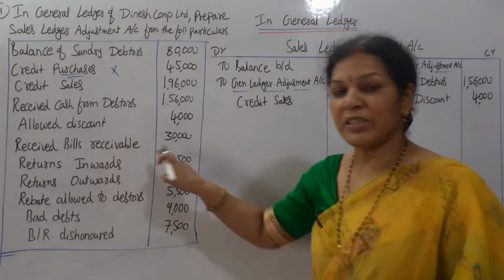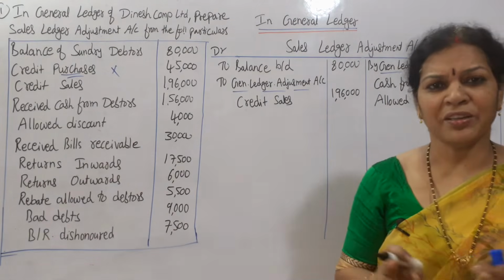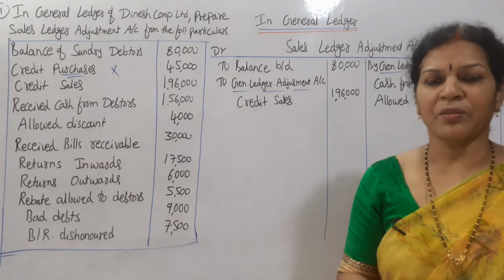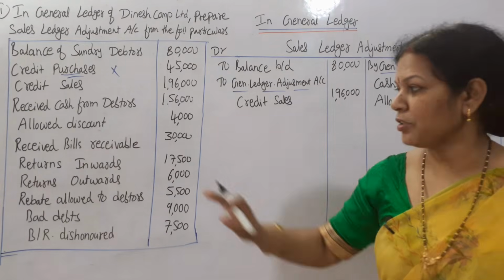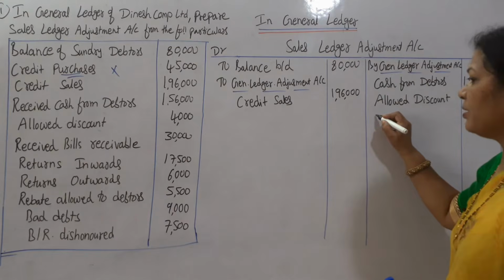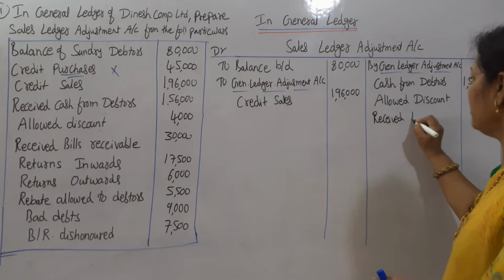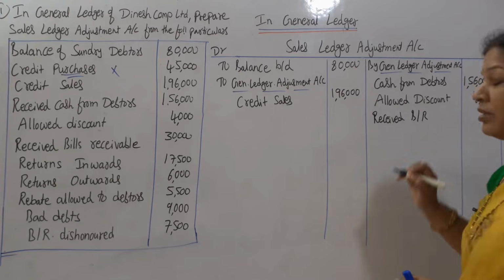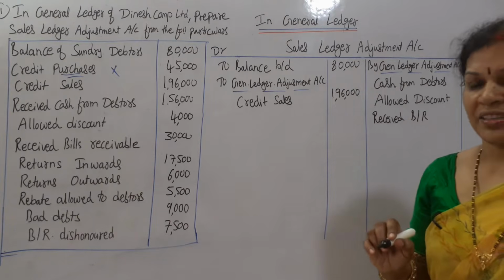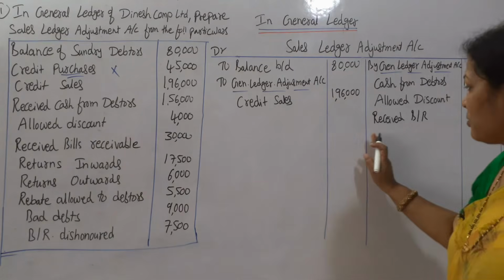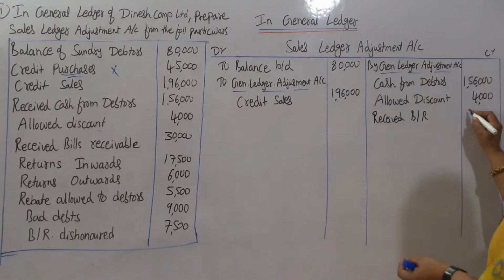Next, received bills receivable. Bills receivable are always related to debtors only, sales related. So I'll write here received bills receivable. If it is bills payable, creditors. Bills receivable, debtors. So how much is this? 30,000.